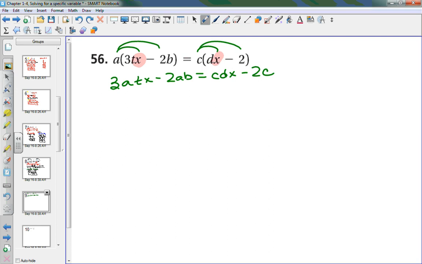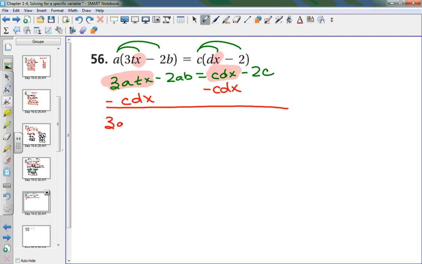Again, what did we do last example? We got our x's on the same side of the equal sign. So I'm going to bring over this cdx by subtracting it. So I have 3atx minus cdx minus 2ab, this is gone, is equal to negative 2c.